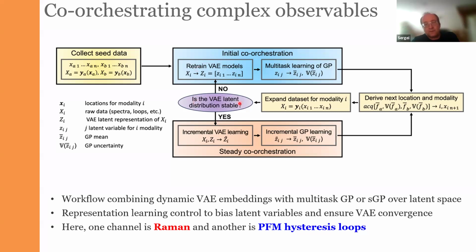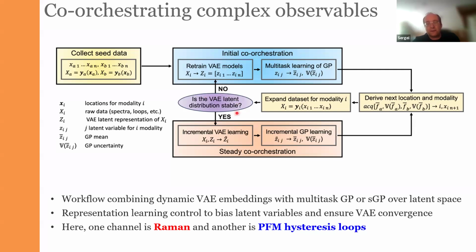We can train an autoencoder on one source of data and get one set of latent variables, and train another autoencoder on the different data and get a second set of latent variables. These are already low dimension. Then we can use the multitask Gaussian processes in order to choose whether we measure task 1, meaning one observation, or task 2.